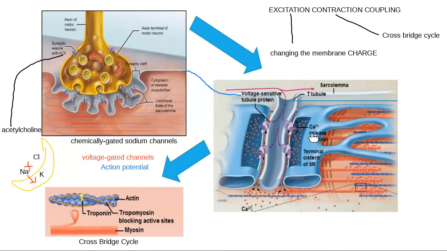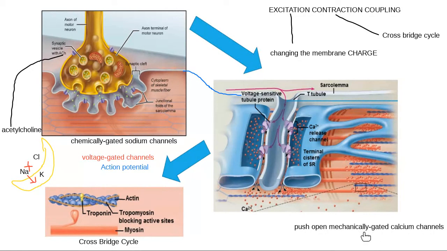So like Kira mentioned, these channels are what we call mechanically gated channels. To get calcium out of the sarcoplasmic reticulum, I push open mechanically gated calcium channels. They have to be pushed. That's what that word meant, right? We push on them.